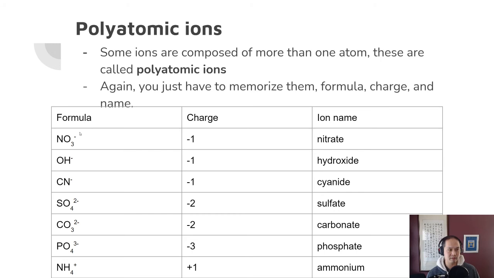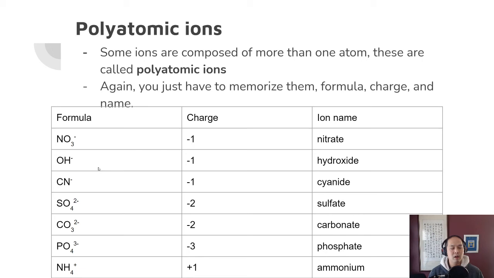NO3 minus. That means 1 nitrogen, 3 oxygens, with a -1 charge. It's called nitrate. If you ever see this suffix, ate, A-T-E, it's generally a huge flashing warning sign that you're dealing with a polyatomic ion.